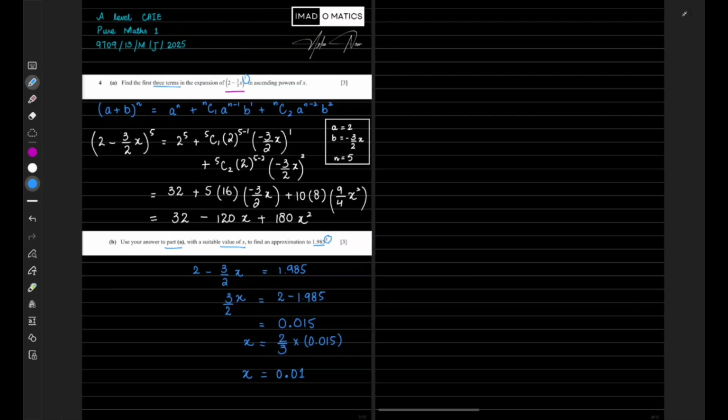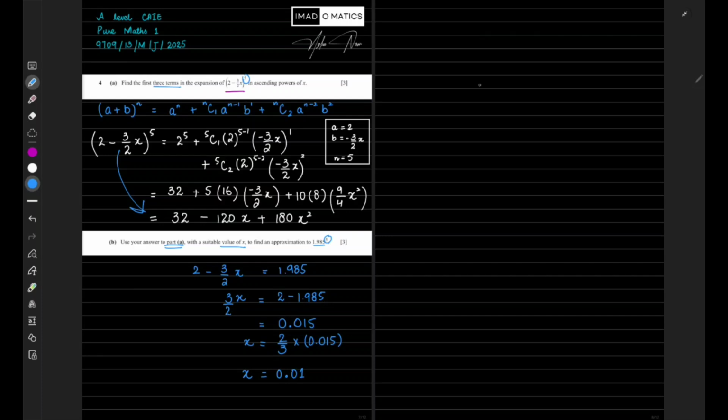Now what we have to do is use your answer of part A. That means we already have expanded this into this form. So using this x value in the expanded form to get the approximate value.